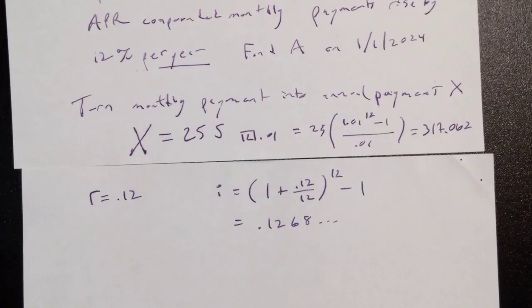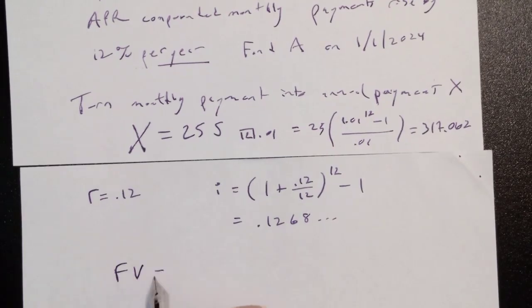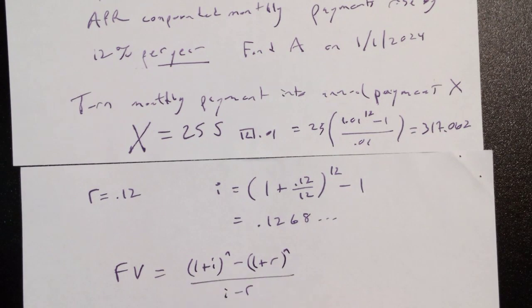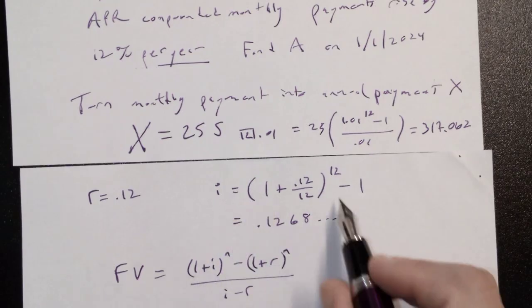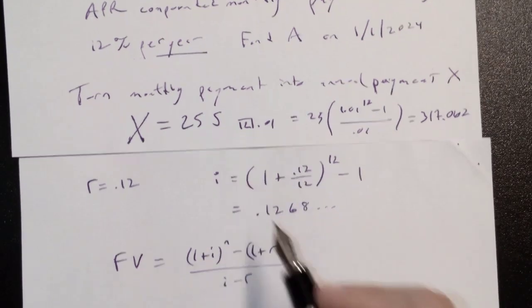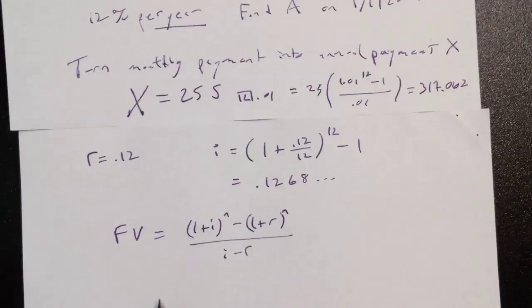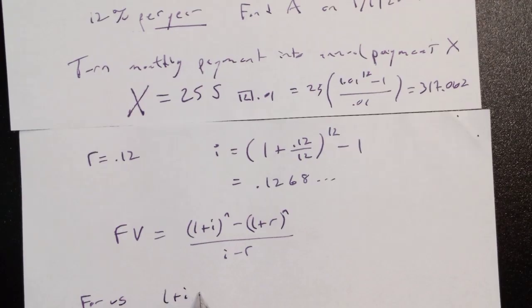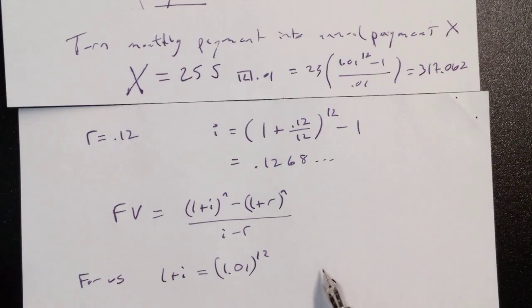The future value for my geometric is 1 plus I to the n minus 1 plus R to the n over I minus R, right? But we just worked out that I is this. If I add the 1 to the other side, it's 1.01 to the 12th. And 1 plus R is 1.12.